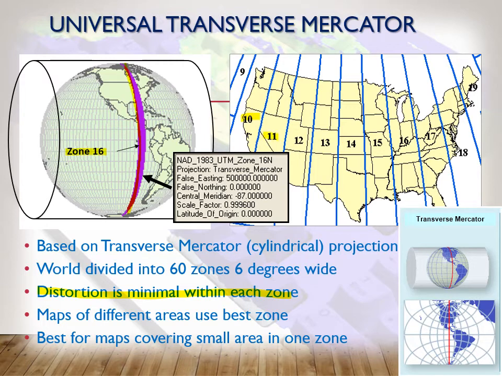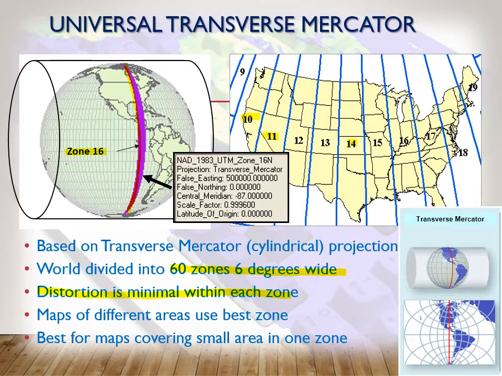California actually has zone 10 and 11. You will also be dealing with Austin data, so that uses UTM coordinate system zone 14. There are 60 zones. Each zone is 6 degrees wide, and this is really a good way to map something that has a north-south orientation.